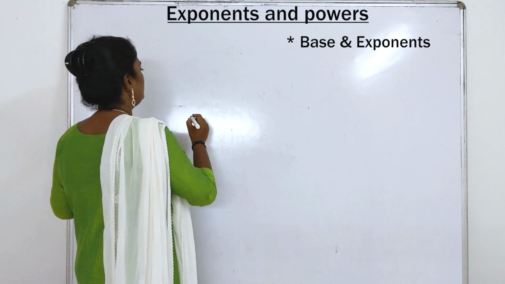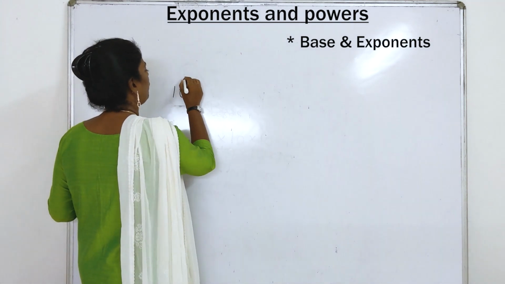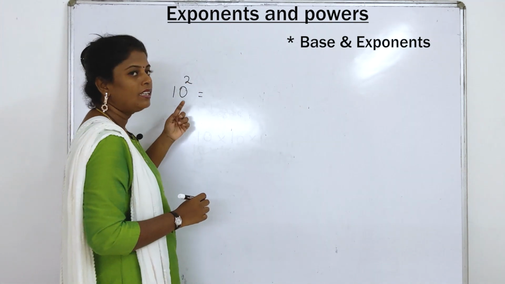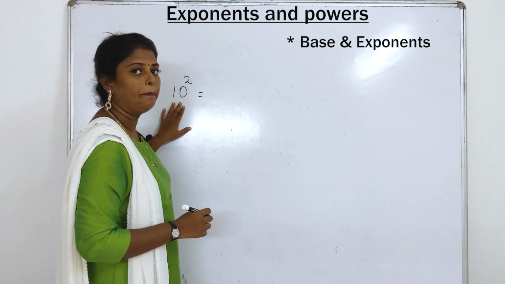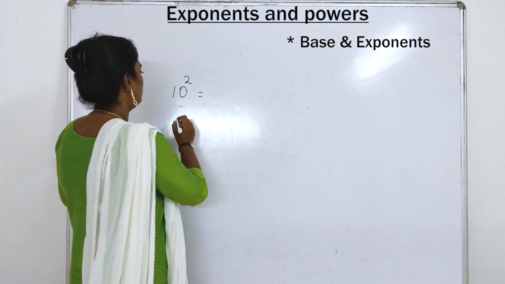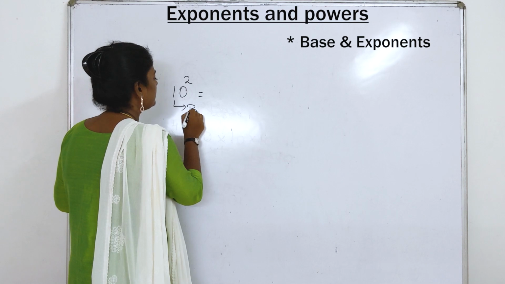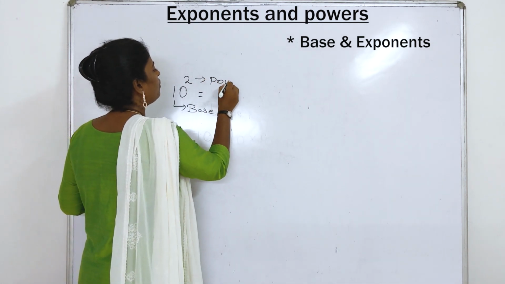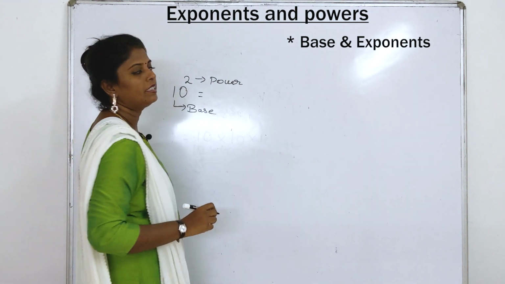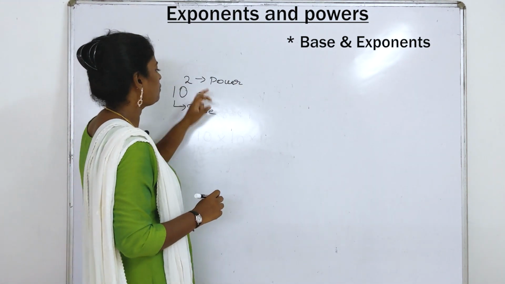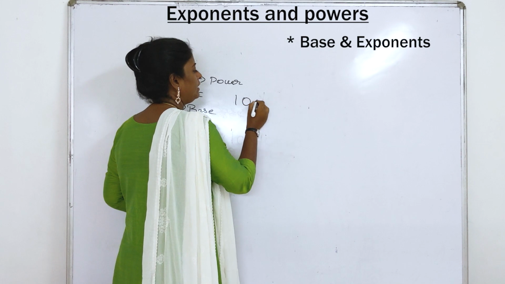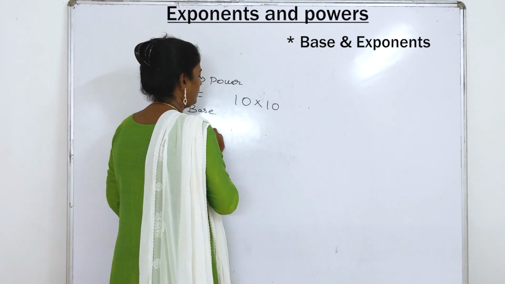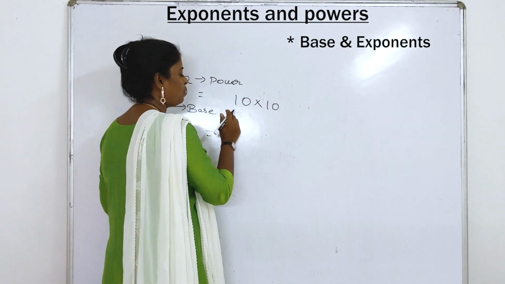For example, if we have 10 square, again 10 is called the base and 2 is the power of 10, and this 10 square is written as 10 into 10, which is equal to 1 into 1 is 1.